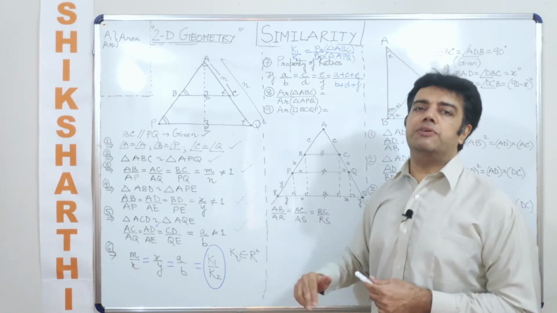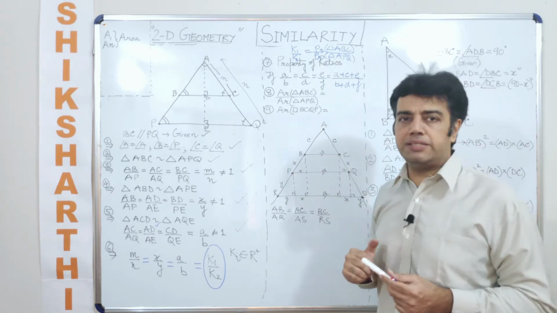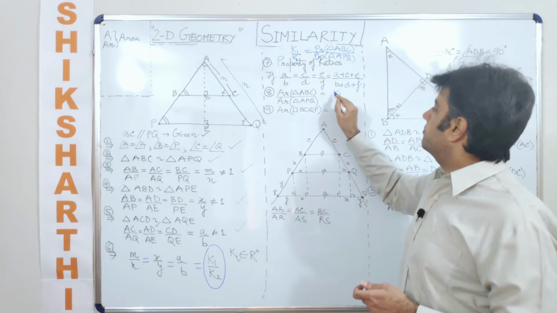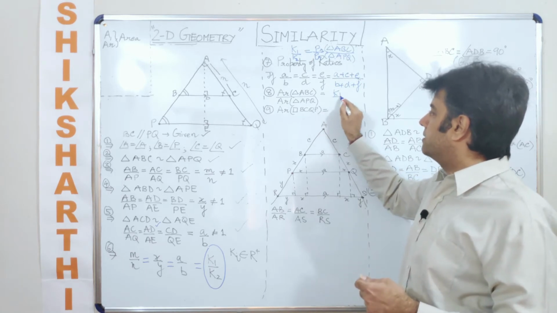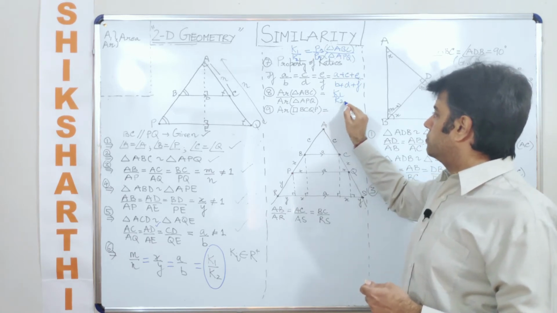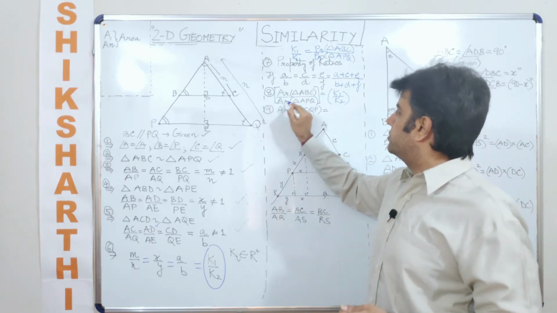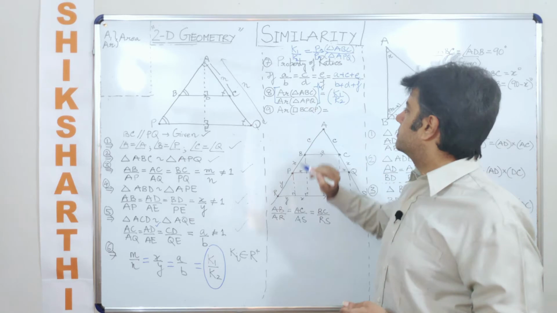Yes, will be equal to the ratio of their perimeters, will be equal to the ratio of their areas as well. Now when I say ratio of their areas, we need to just take the square root of this.